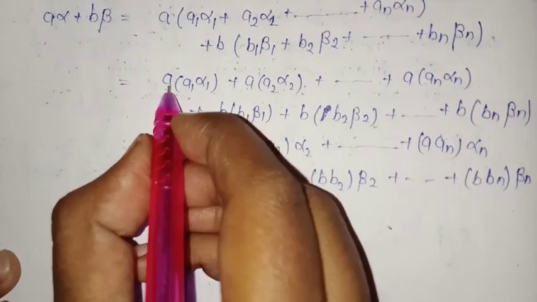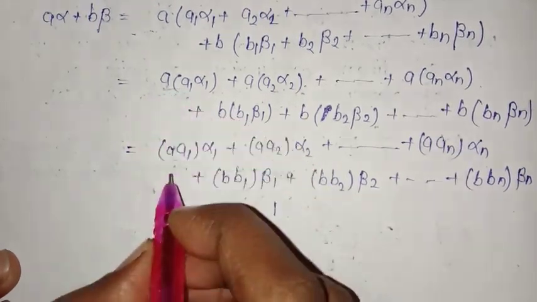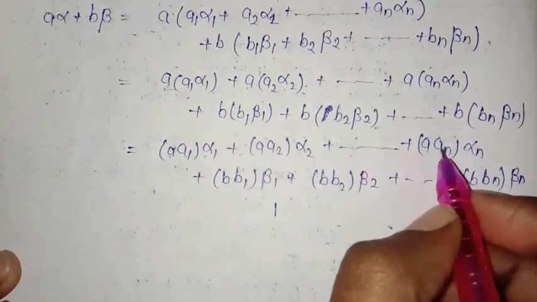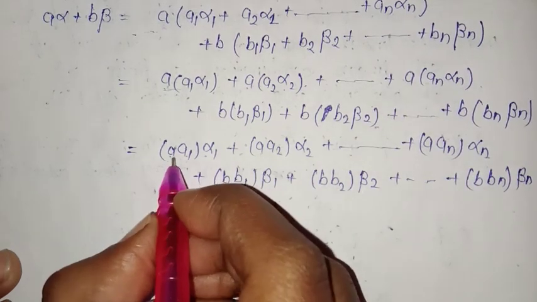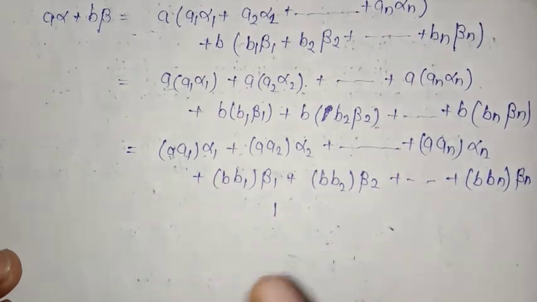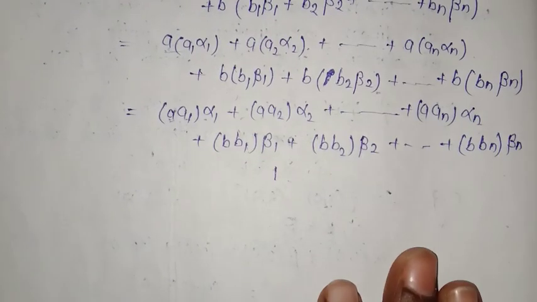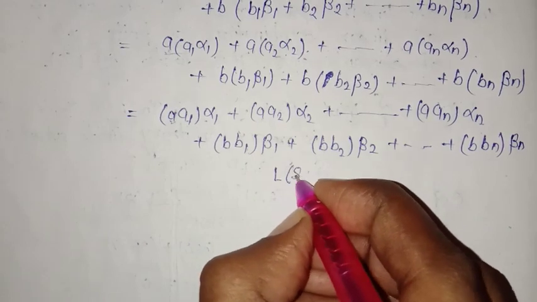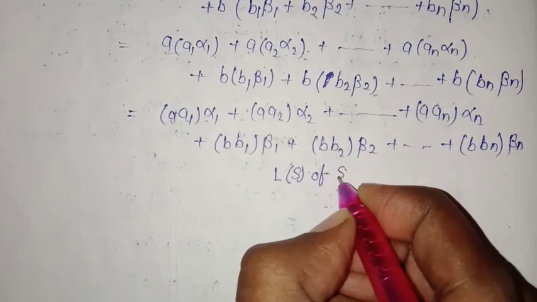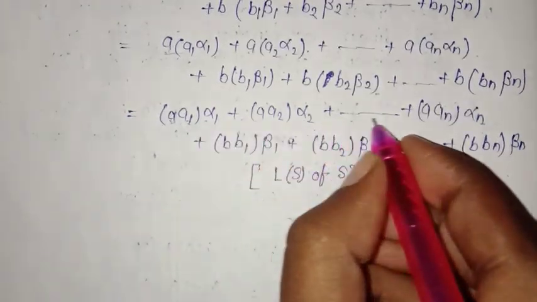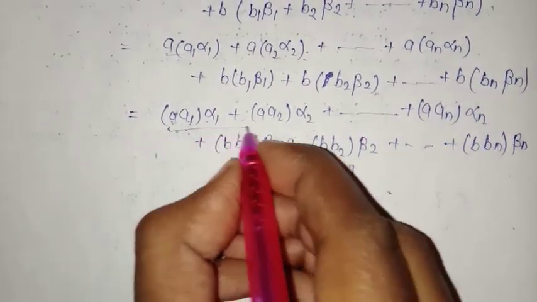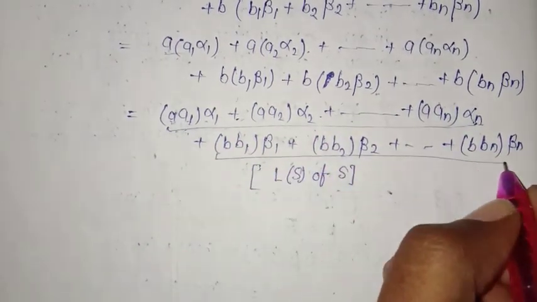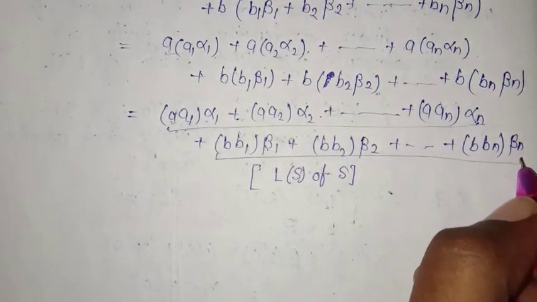So if I use associativity, this becomes (A a1) alpha 1 plus (A a2) alpha 2 plus ... plus (A an) alpha n. Because the product of two scalars is again a scalar, I can name it a new scalar, and this is nothing but a linear combination of alpha 1, alpha 2, ..., alpha n, and similarly for beta 1, beta 2, ..., beta n.